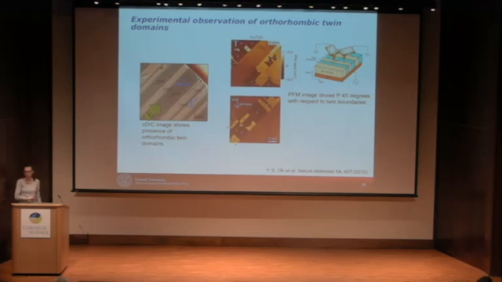These were observed in experiments in Sung-Wook Jung's group using optical techniques over here. And then on the right, they used PFM to map out the ferroelectric domains. They find that the ferroelectric and ferroelastic domains line up as one would expect in a trilinearly coupled ferroelectric. They have a very nice discussion in their paper about how the abundance of these domains suggests the orthorhombic twins are likely key for switching.